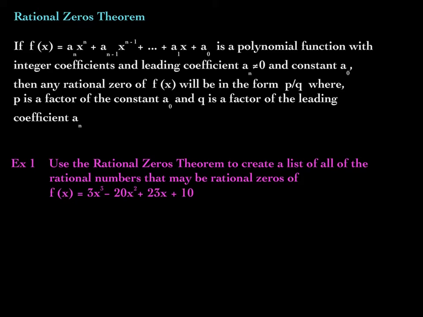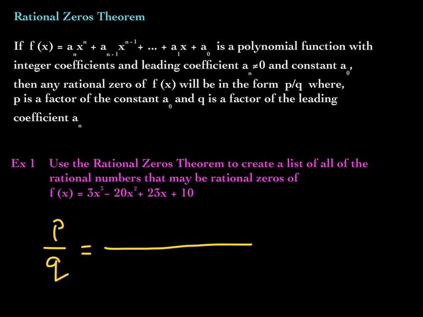Now, let's be clear what the rational zeros theorem says. It says that any rational zeros of this function must be of the form p over q. Now, p, if you read the theorem, is a factor of the constant term. Your constant term here is 10.